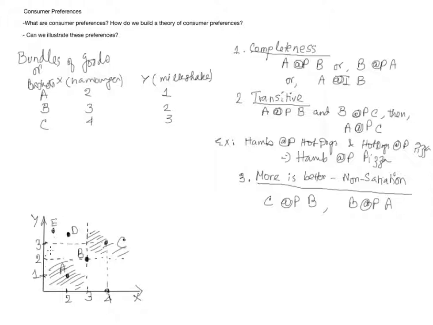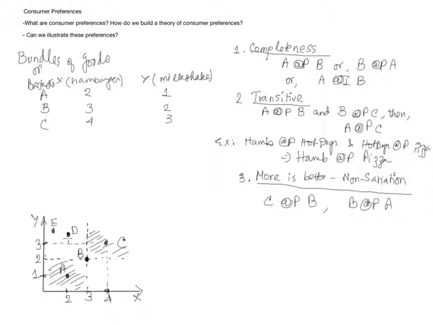Now, what do we find about these bundles? D, for instance, has more Y, more milkshakes compared to B, but fewer hamburgers. Both D and E have more milkshakes but fewer hamburgers.